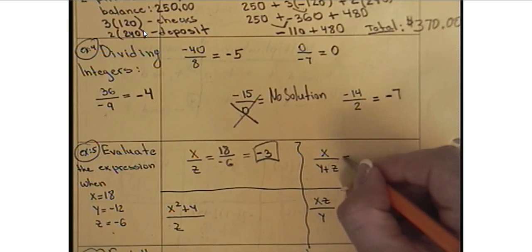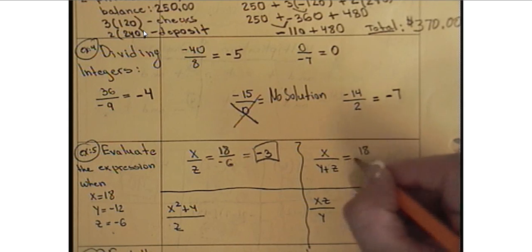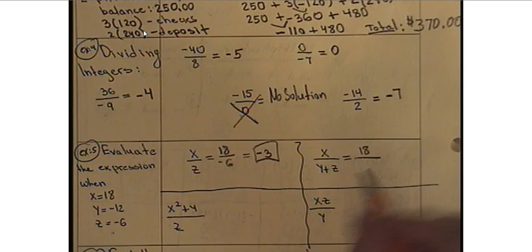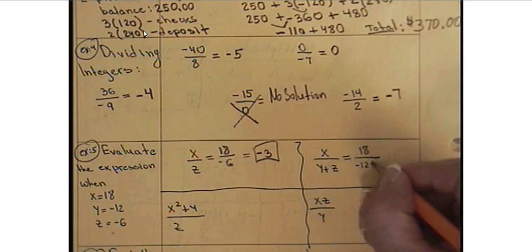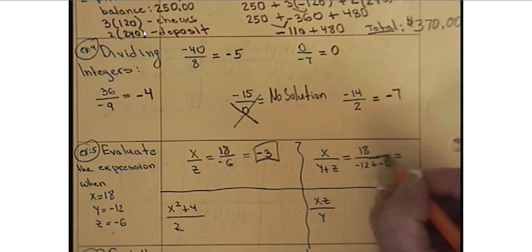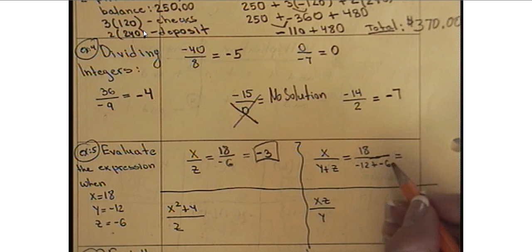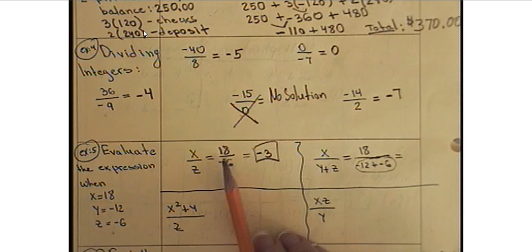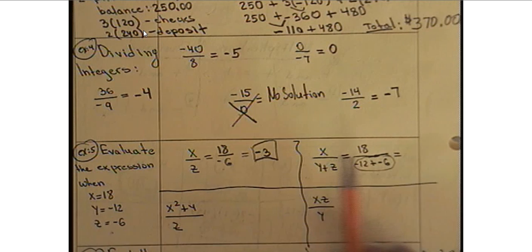Right here we have x is 18, and on the bottom we have y plus z, so negative 12 plus negative 6. Now when you have expressions like this, you first want to solve the addition or subtraction on the bottom or the top. Then in the end, you have to end up with a fraction like this in order to simplify.